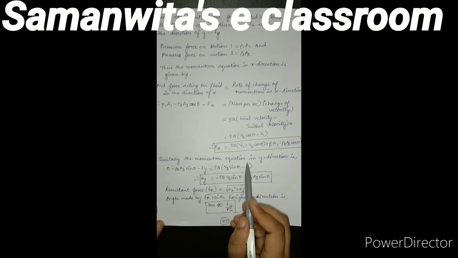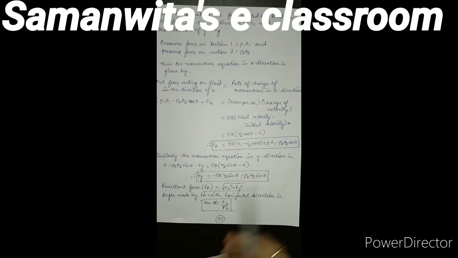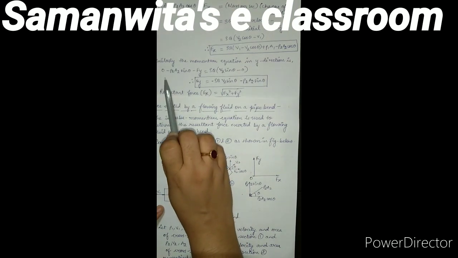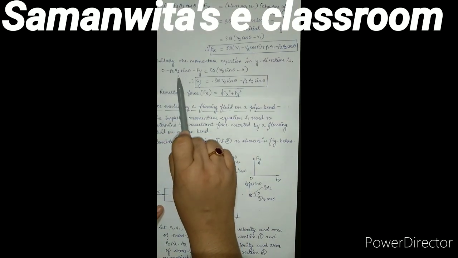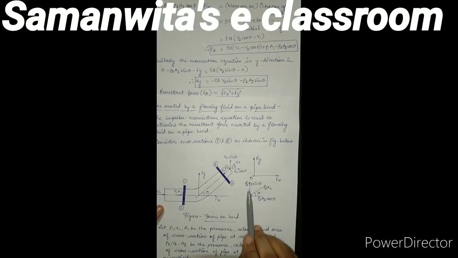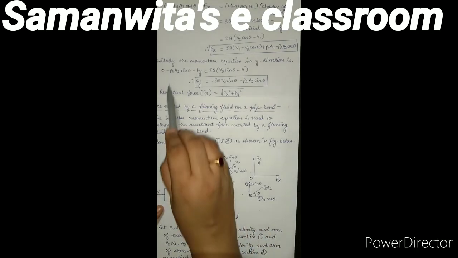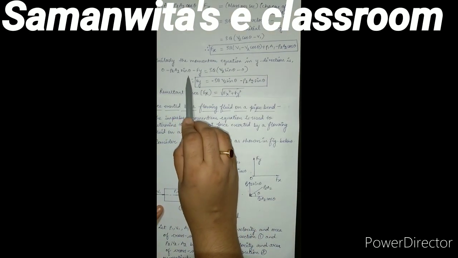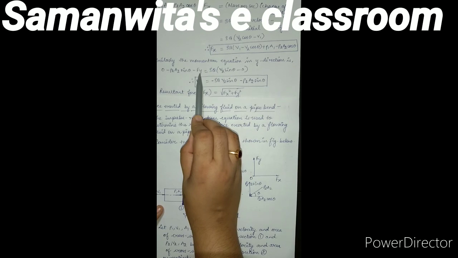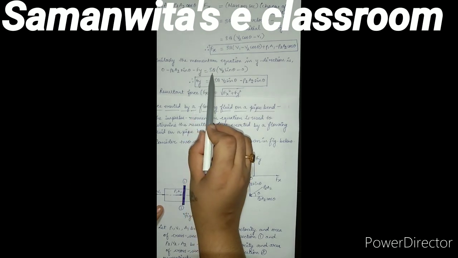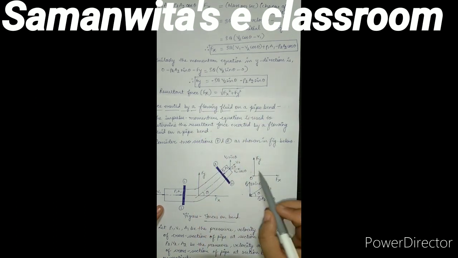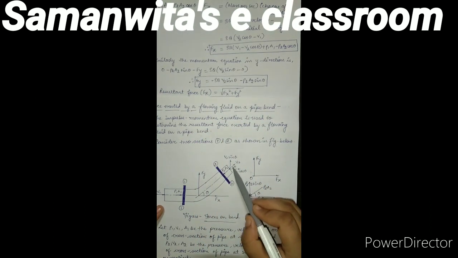Now similarly, when I solve the momentum equation in the y direction, the p1a1 term becomes 0, the p2a2 term is present, p2a2 sine theta in the downward direction, so I have written minus p2a2 sine theta. Minus Fy, the force exerted by the bend on the liquid, is equal to rho q into the final velocity, v2 sine theta in the upward direction.